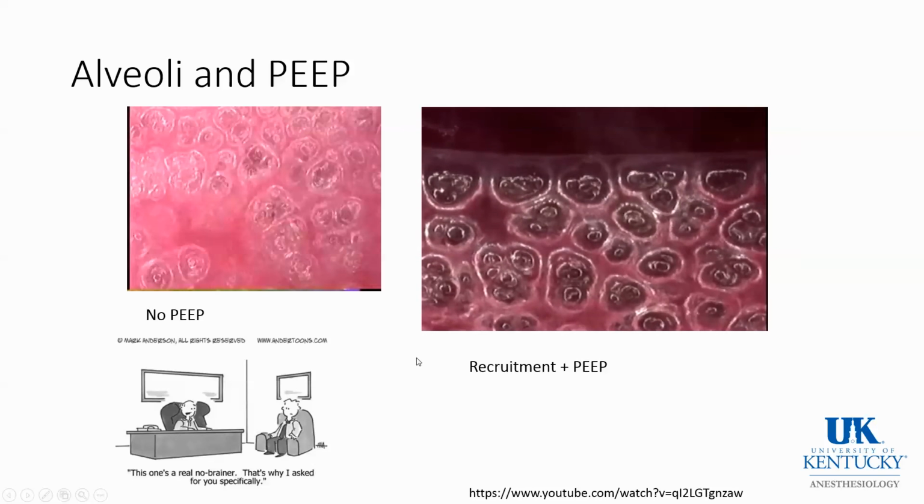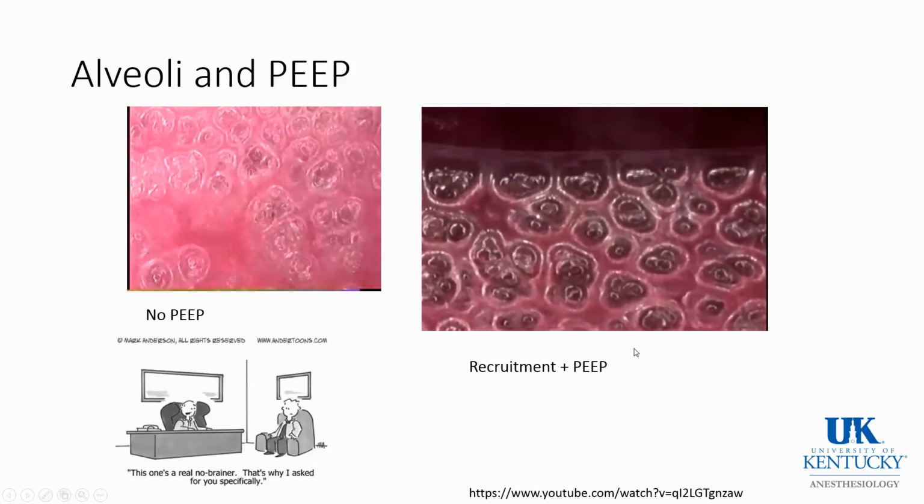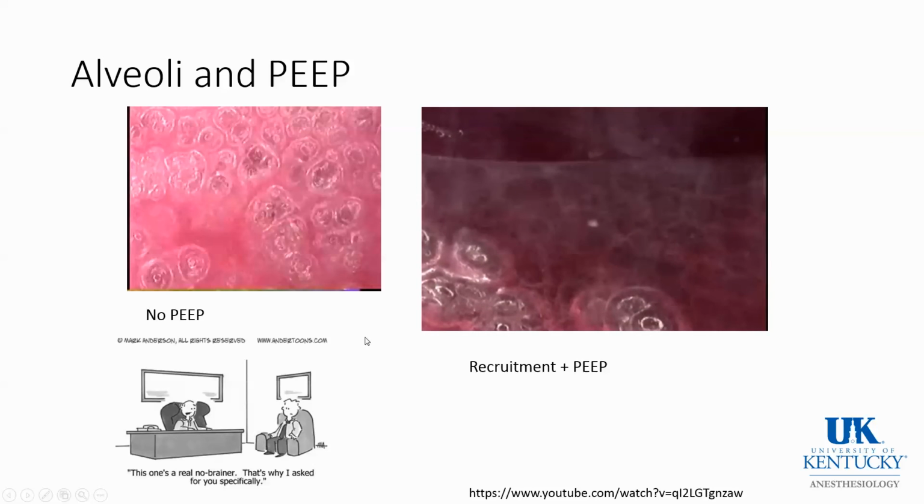If you pay attention to the different alveoli, you can see them moving in and out, getting bigger, getting smaller, but very rarely do they collapse completely, and so that mitigates the whole idea of shearing forces and atelectrauma. In fact, here you can see a very slowly opening alveolus, opening just from the PEEP there on the left side. It's pretty interesting to watch that happen in real time.